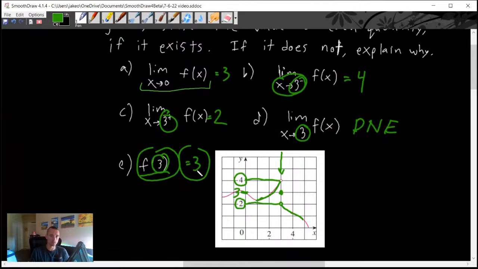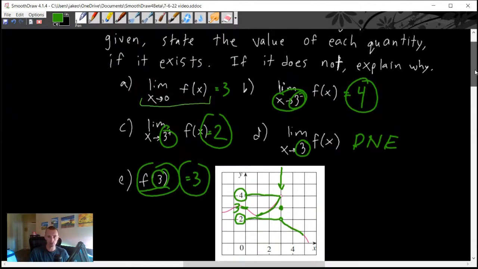The output of our function is 3. But that's not what either of these one-sided limits were, right? They only care what's happening around x equals 3 for x values really, really close to x equals 3, not at x equals 3. Okay, so I hope that kind of helps clear up one-sided limits, two-sided limits, how they're all related to each other.